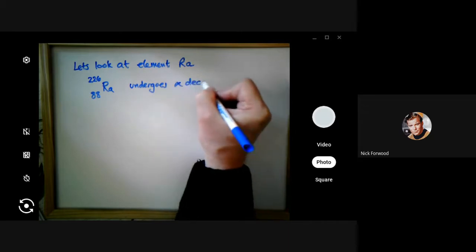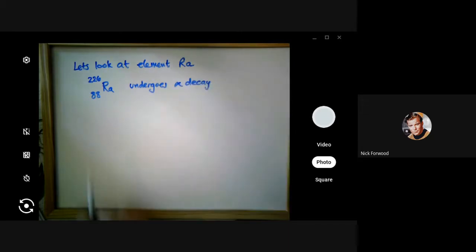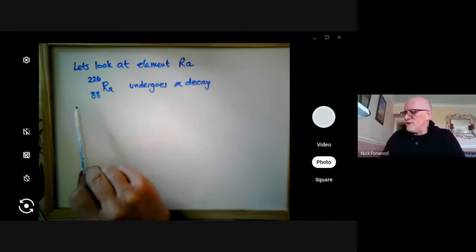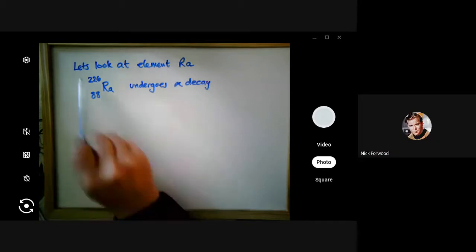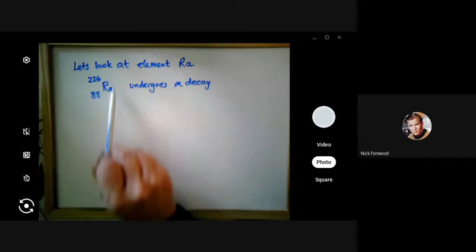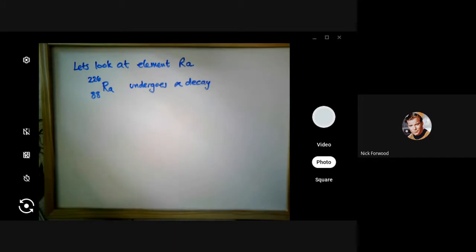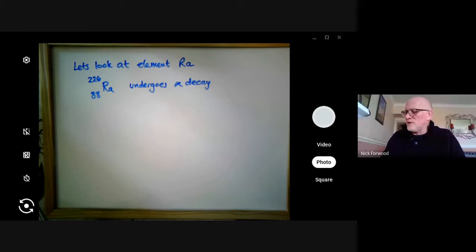So what does that mean? It means that from the nucleus, it spits out 2 protons and 2 neutrons. So what we can do with this notation is make an adjustment so that we can see what we're left with once the alpha particle's gone away.